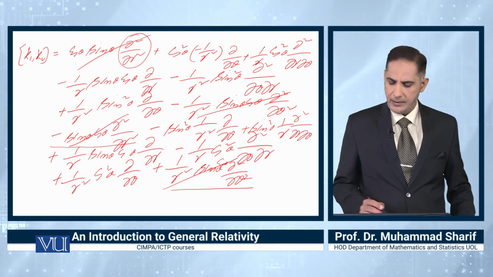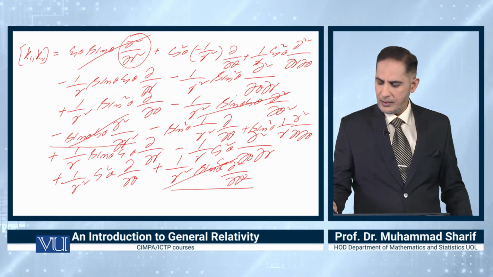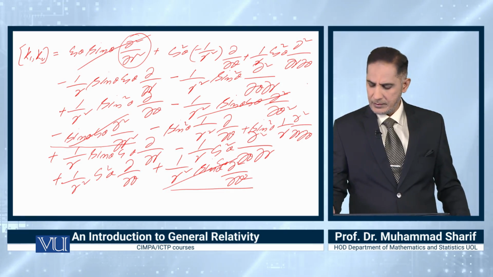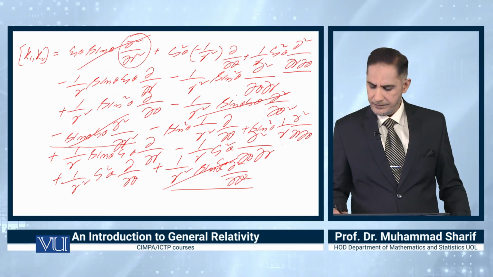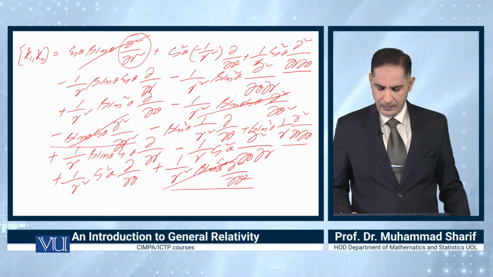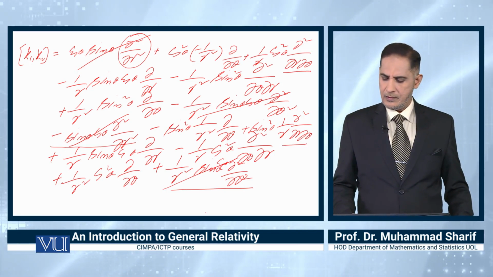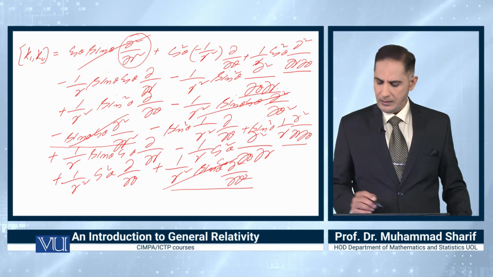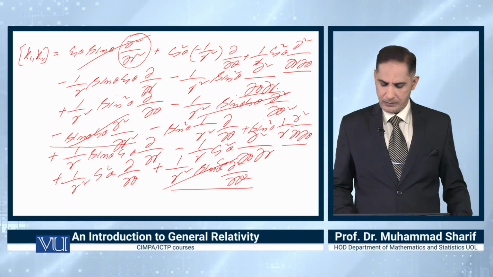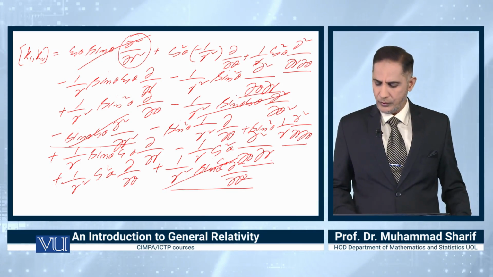Next we check partial square partial r partial theta. Here it is, and there should be somewhere else. Here it is, and I think one term should be more here. Here it is. So there are 4 terms.